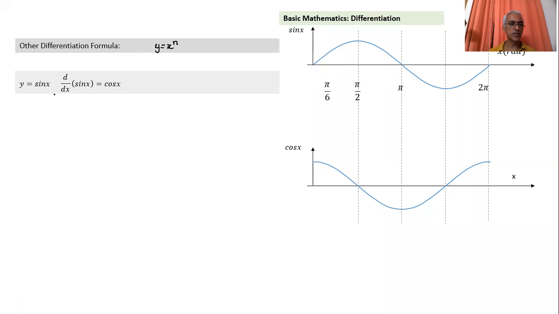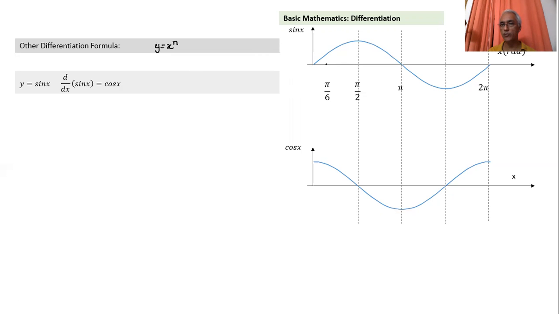So suppose we have the function y is equal to sin x. On the x-axis we have the angle, and on the y-axis we have y. How do we get the y is equal to sin x graph? As you can see, all angles are in radians, something like pi by 6. Suppose I have to plot the graph.